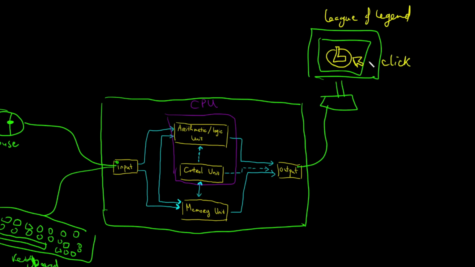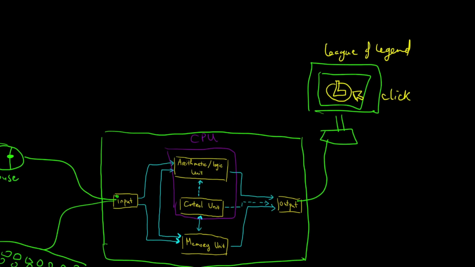But before I click it, we have to know that the game League of Legends, let's give it a logo. Let's call League of Legends LOL. The League of Legends game is actually written in a language called C++, and maybe other languages too. I don't know what Riot is using, but most of the time, games and stuff are mostly written in C++.